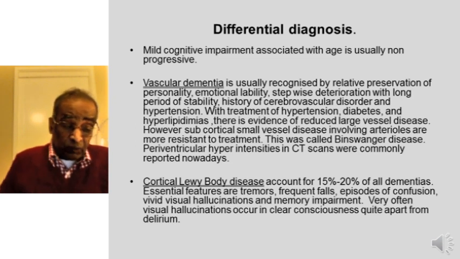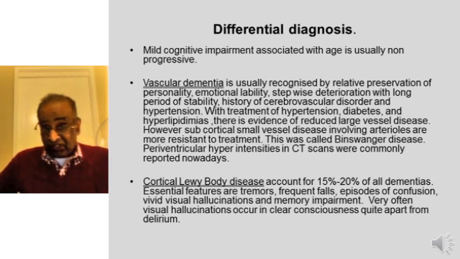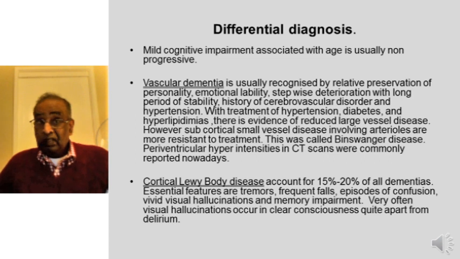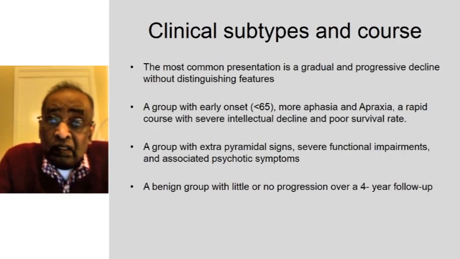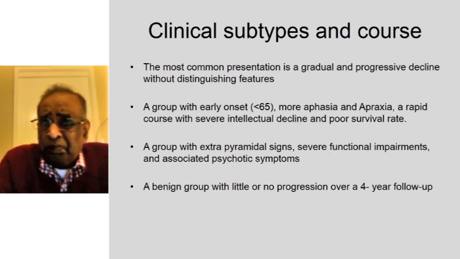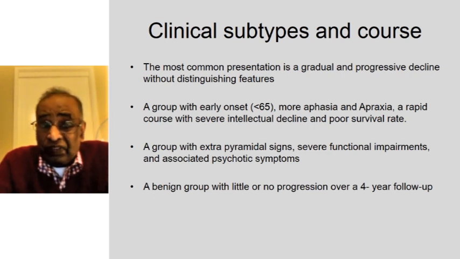Other diseases to be considered would be Huntington's disease, prion diseases like Creutzfeldt-Jakob disease, and other uncommon prion diseases. The most common presentation is a gradually progressive decline without distinguishing features.